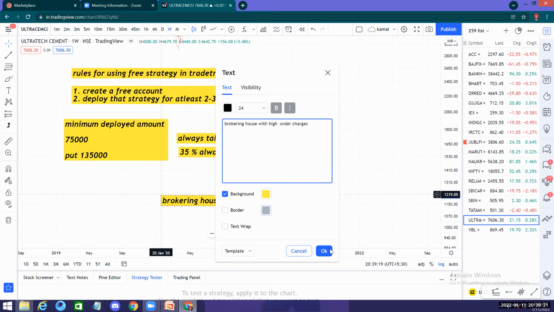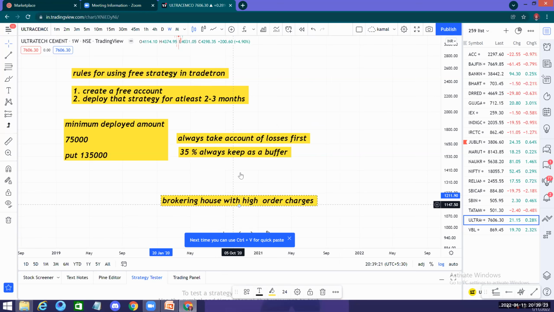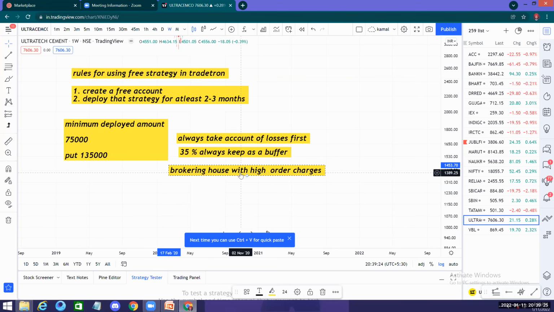I usually like to have an account which charges me only 10 rupees per order. Most of these strategies are calculated on 40 rupees per order. So save 30 rupees. Every money saved is money gained.